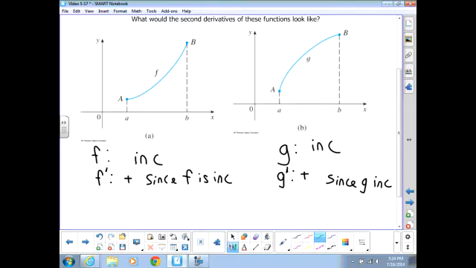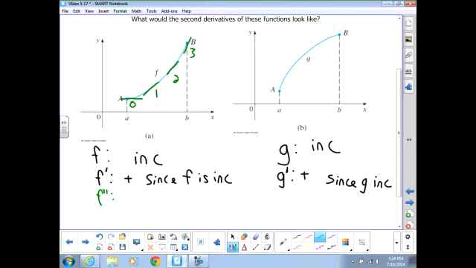And if we look at f double prime and think about what that might look like, well, f double prime is the derivative of f prime. F prime, we are looking at slopes. So f double prime, we want to think about how are the slopes changing. Well, think of this here as having like a slope of 0, and here roughly is a slope of 1, and then maybe like a slope of 2, and then like a slope of 3.